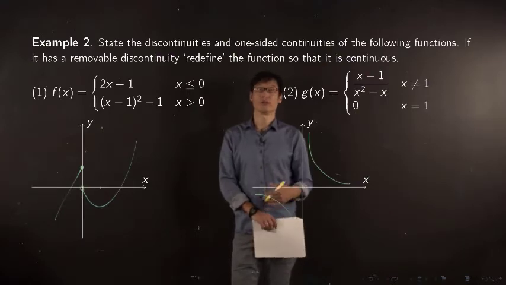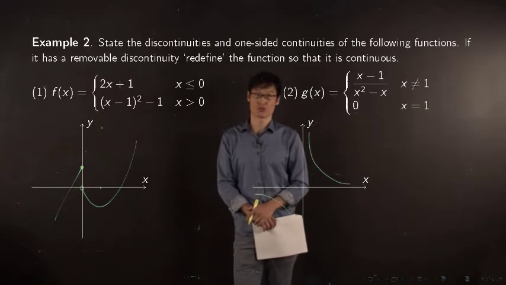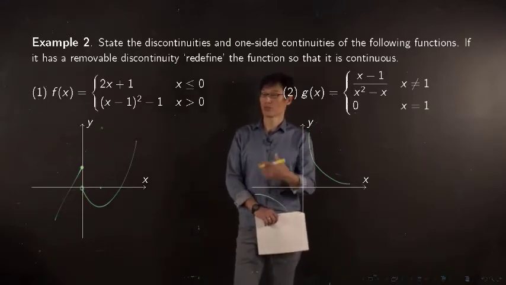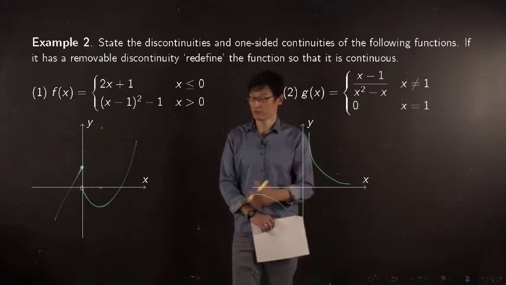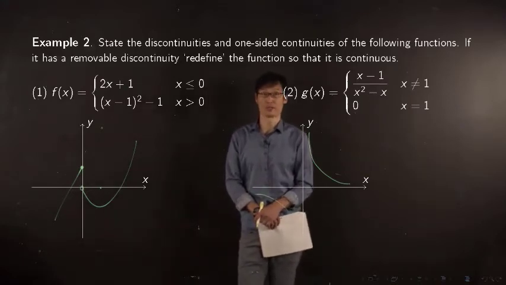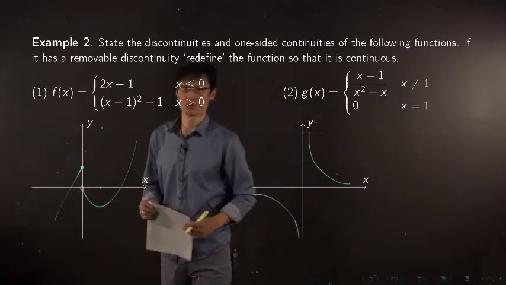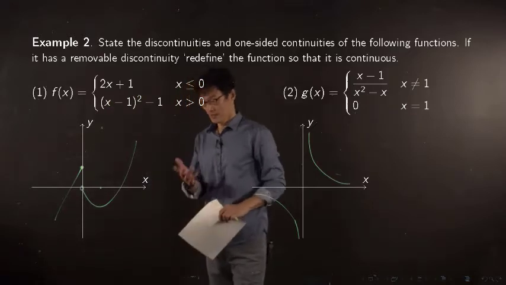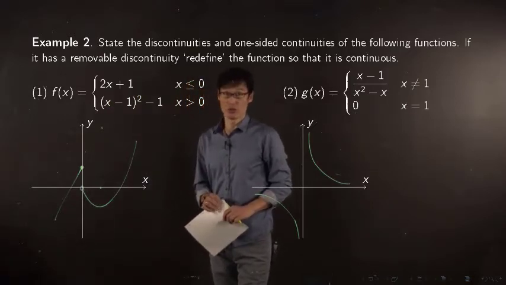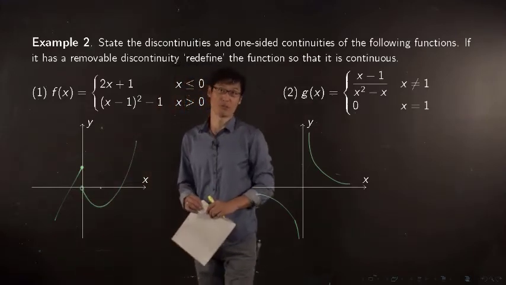So let us look at two piecewise functions to discuss discontinuities and one-sided continuity. The first example is a piecewise function with 2x plus 1 when your x is negative or 0, and then a quadratic function when your x is strictly positive.